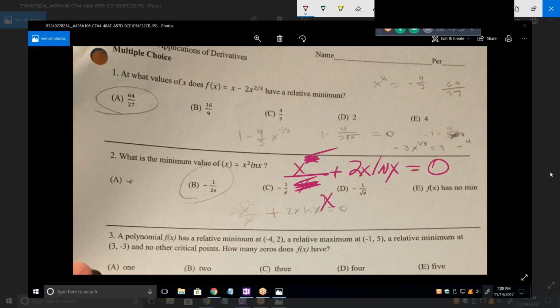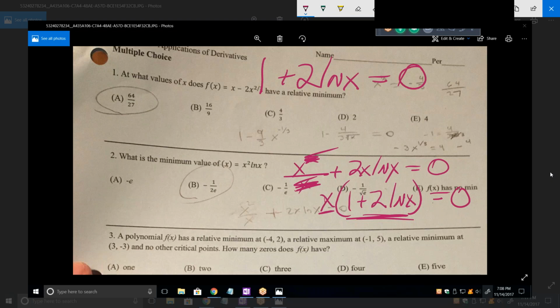Factor out x becomes 1 plus 2 natural log of x equals 0. This cannot be 0. So this has to be 0. So I get 1 plus 2 natural log of x equals 0. So I get natural log of x equals minus 1/2.